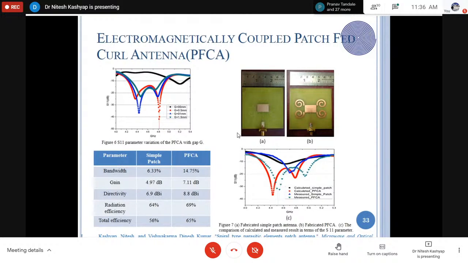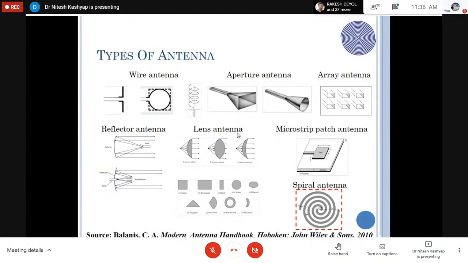So there are several techniques to improve the performance of a patch antenna. Okay, so that was the patch antenna, a simple patch antenna.